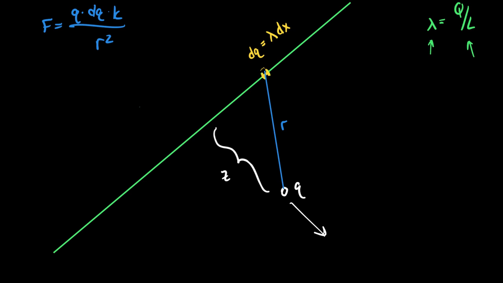Now, hear me out. My charge is located a distance z away from the middle of this bar, which means this distance is half of the bar, and this distance is the other half of the bar. You guys follow so far? That makes sense to you, what I'm doing?